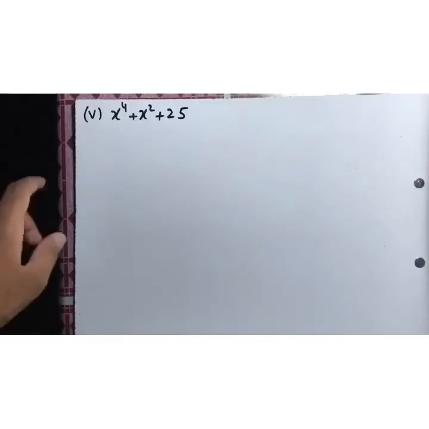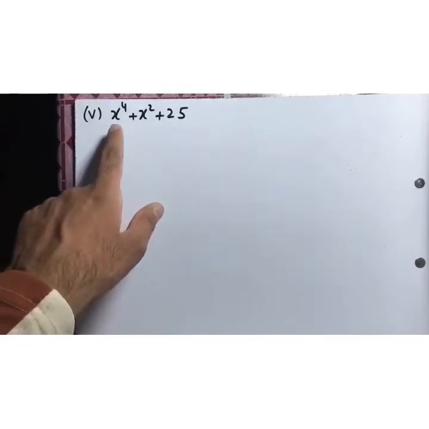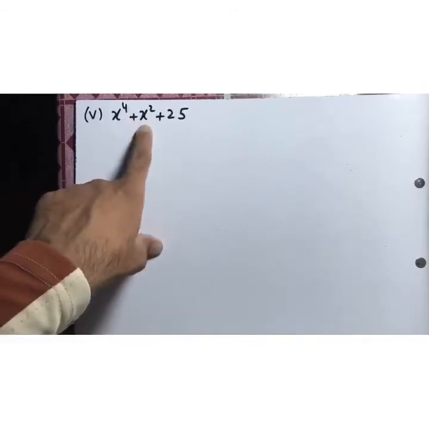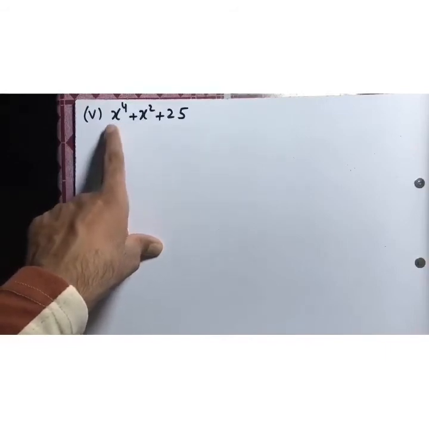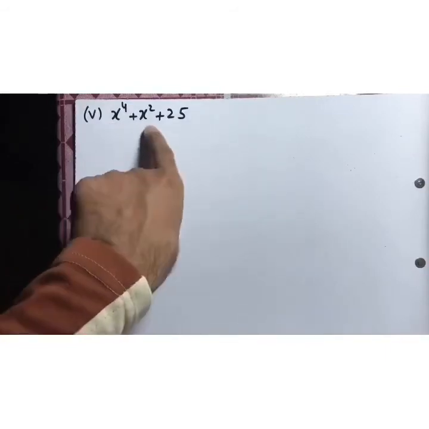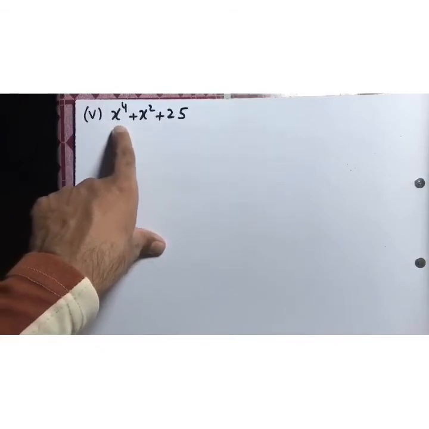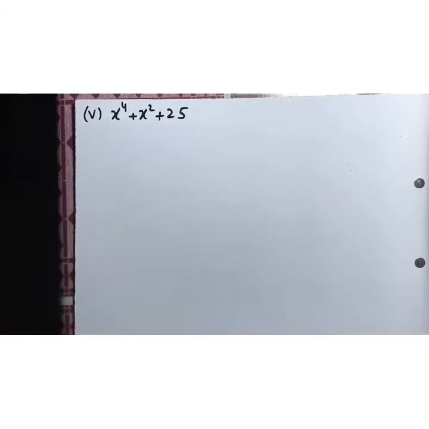Like part number 3, in part number 5 there are 3 terms. In part number 3, the second term is not a perfect square, but here you can see all terms are a perfect square of some number. For example, x raised to power 4 is a perfect square of x square, x square is a perfect square of x, and 25 is a perfect square of 5.